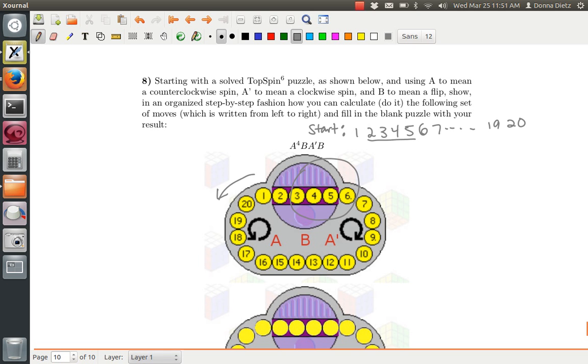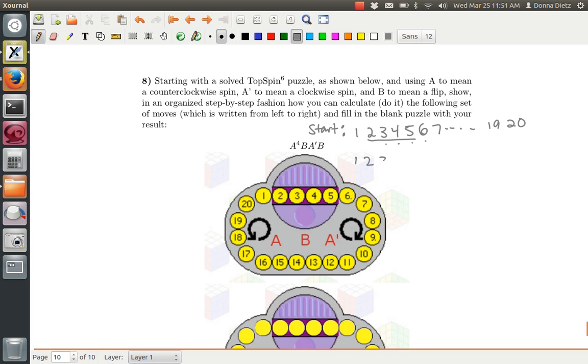I can move the buttons, or I could move the flipper, because the whole point is you're moving the buttons relative to the flipper. It's easier to move the flipper than to move the buttons. If I'm moving these buttons that way, it's like moving the flipper that way. And I want to do this 4 times: 1, 2, 3, 4.